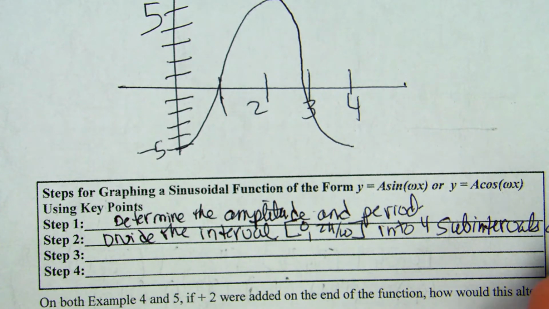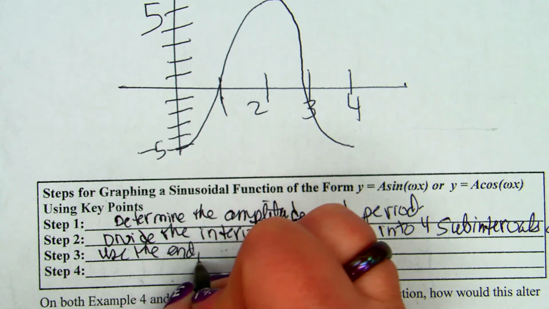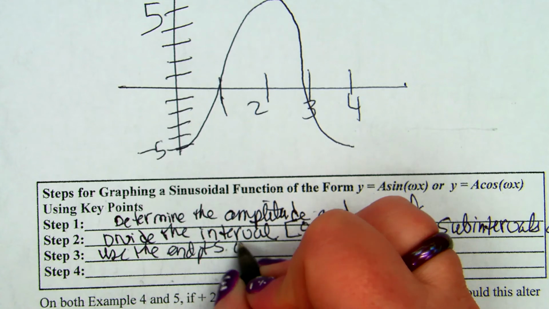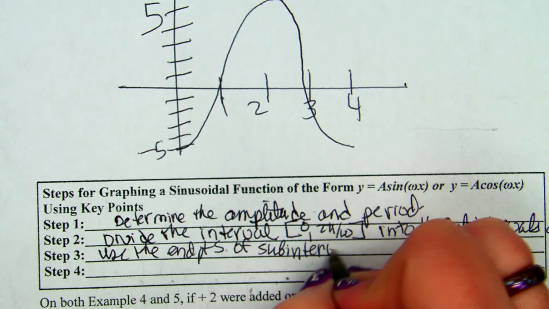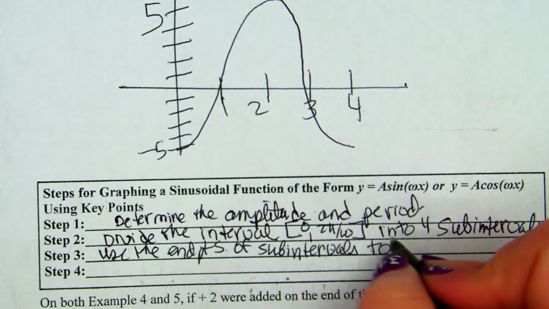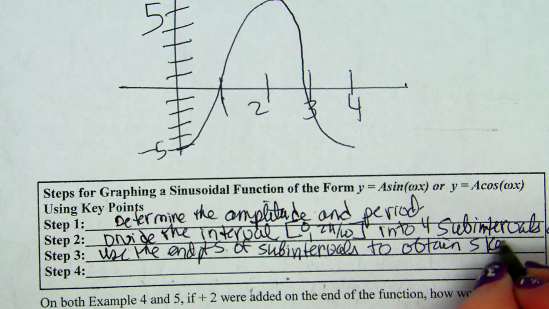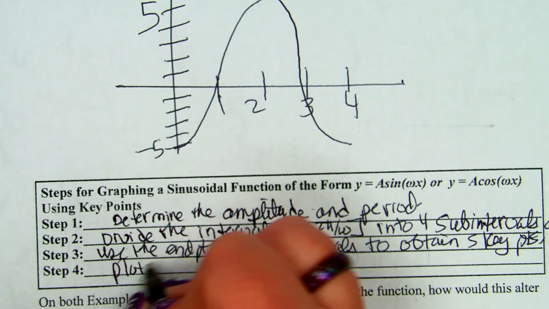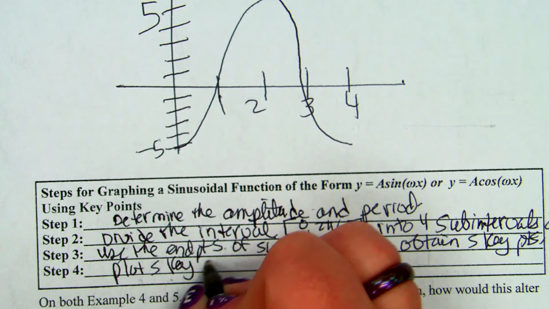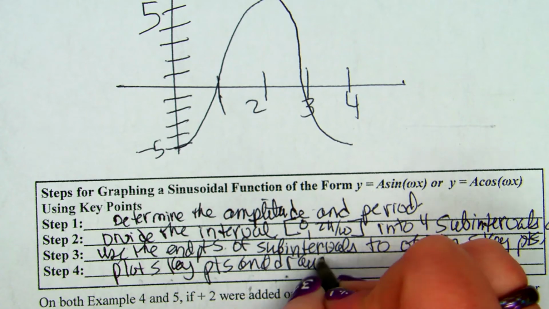Divide by 4. Use the endpoints of subintervals to obtain 5 key points. Plot 5 key points and draw the graph.